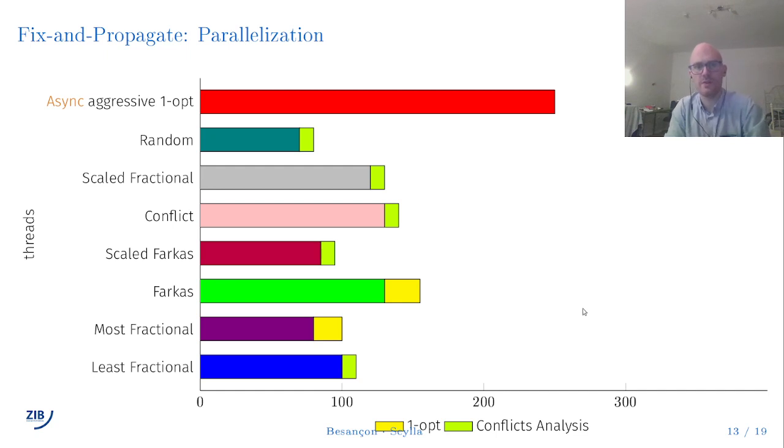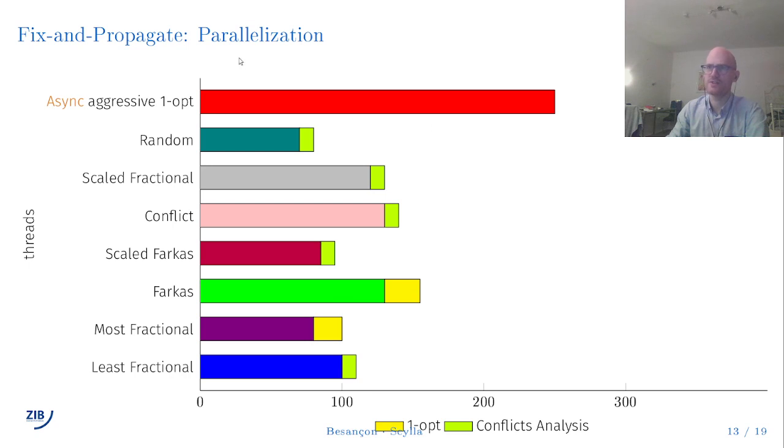All right, so we run the fix and propagate part and the conflict part in parallel, and we try to assess how many times a given technique was finding the better solution. So this is the number of solutions found over several runs, and we saw which ones were finding interesting solutions.